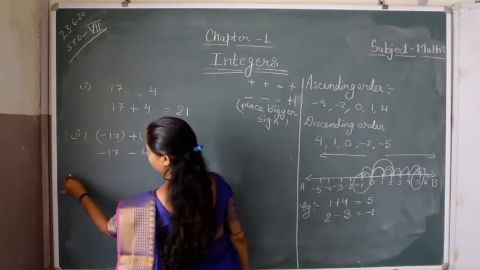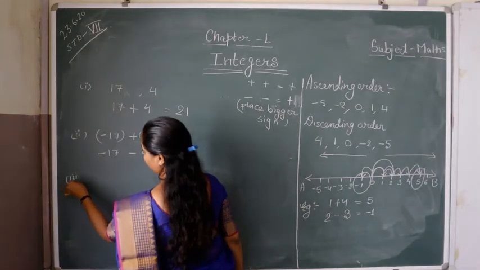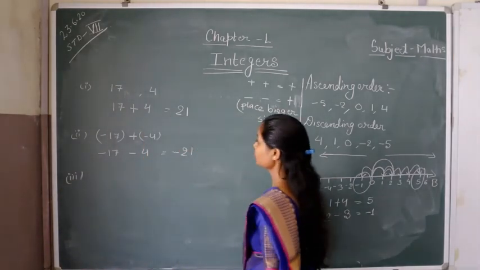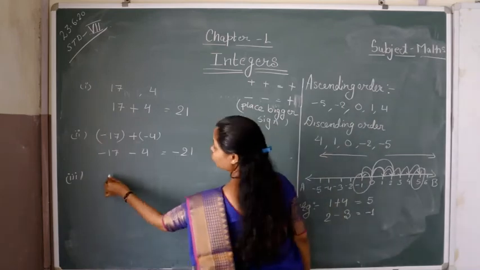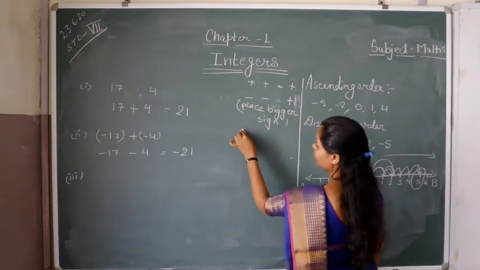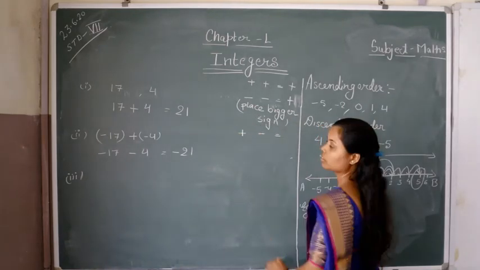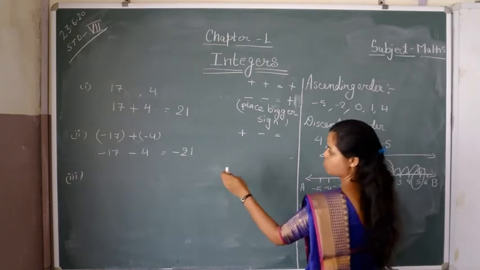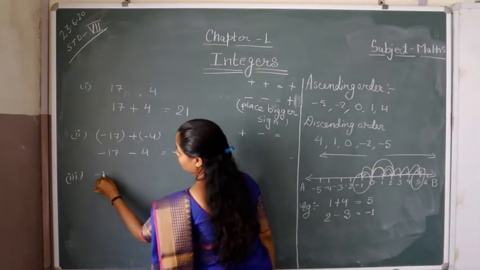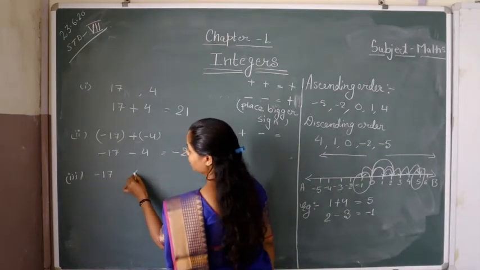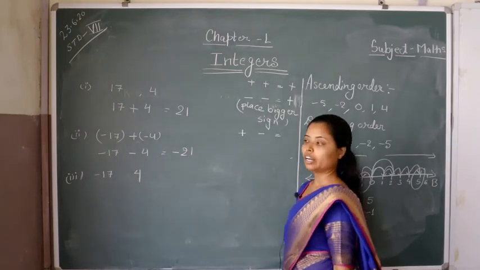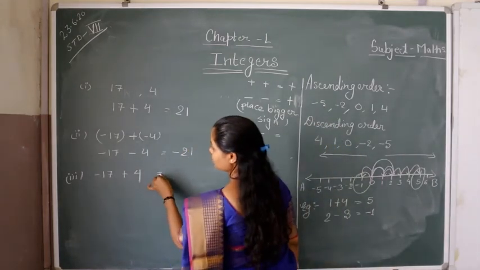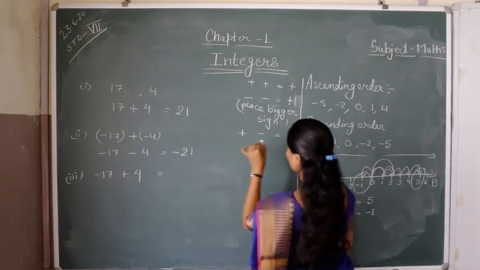Then next. When we add one positive integer and one negative integer, what do we get? Look at here. We have a negative integer and a positive integer. And when we add these, firstly minus plus minus.